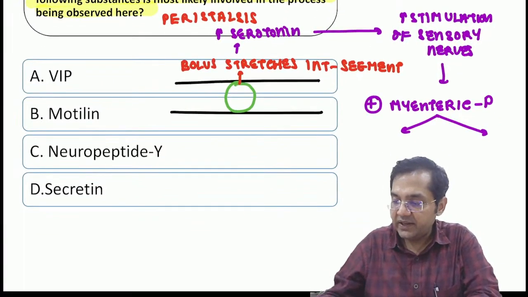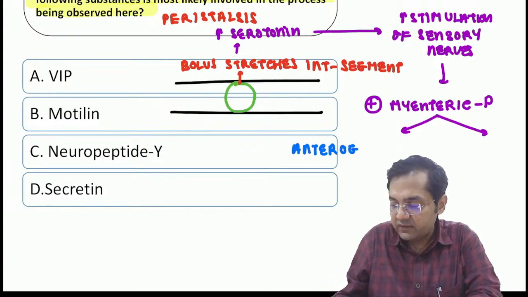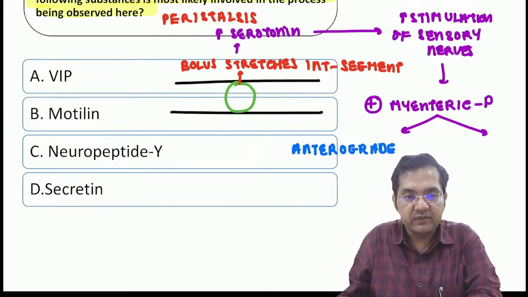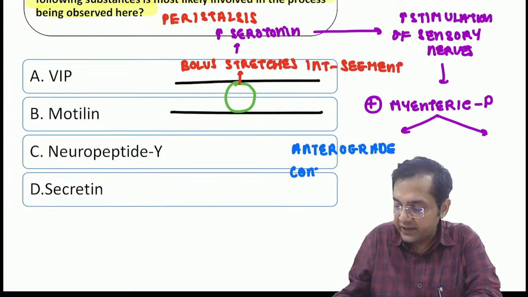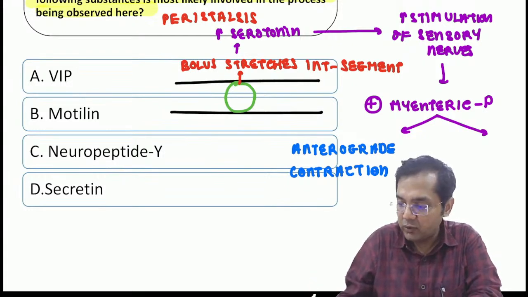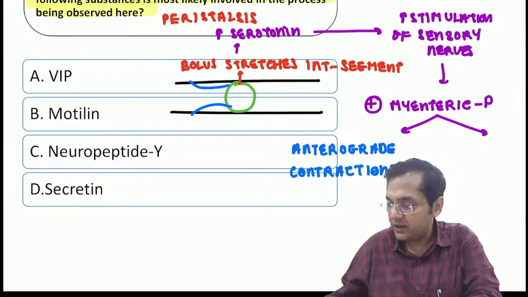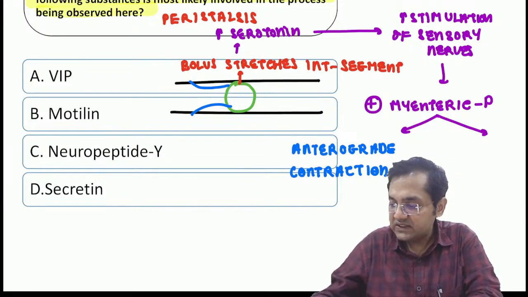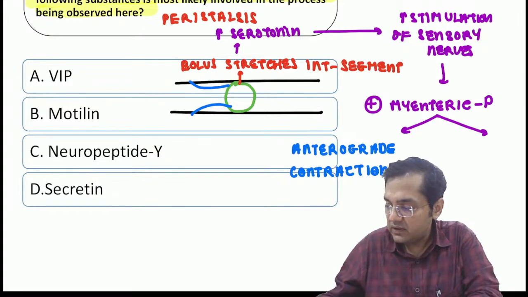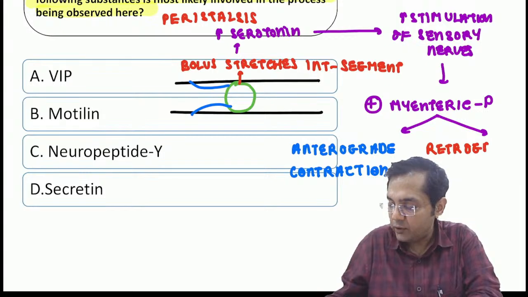Once the myenteric plexus is stimulated, please see what is going to happen now. There is a part which is behind the bolus. In this part, which is anterograde, you know from anatomy, there would be contraction. So please look at this. This part is contracting, anterograde part. But in the part which is ahead of the bolus, that means retrograde.